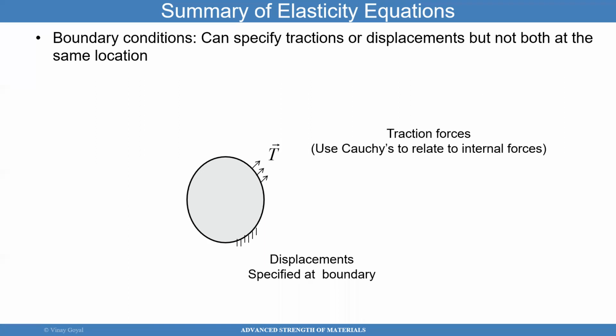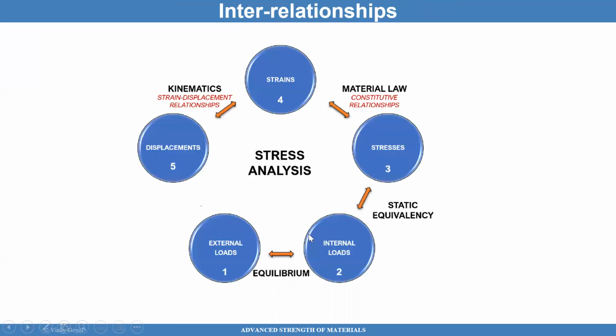Further, I would like to talk about the connectivity between the different areas that we're talking about, right? So you have the external loads applied, and we also have internal loads that develop due to the external loads. Those internal loads are going to cause stresses, and the stresses can then be used to calculate strains through the material law.